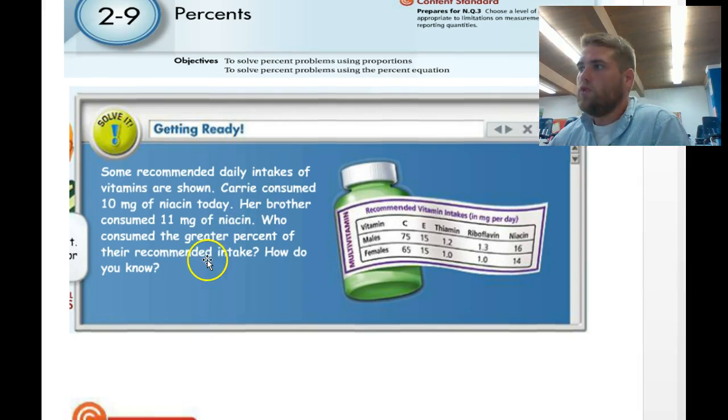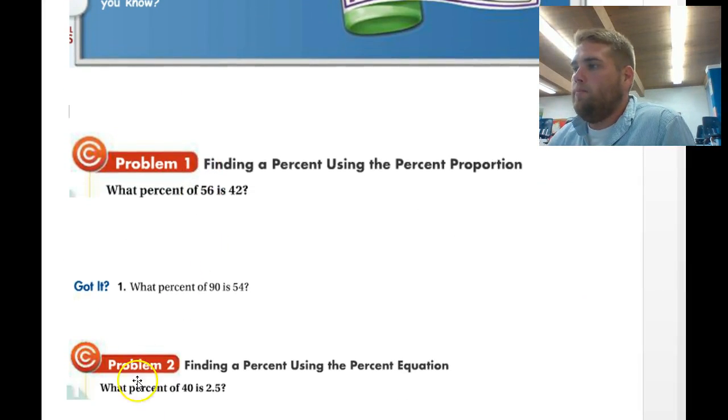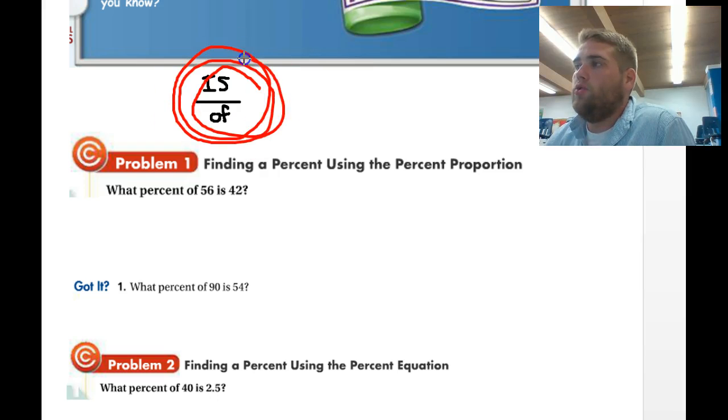So let's get down here to problem 1. When we're dealing with percentages, the most important formula is is over of. This is the formula that we're going to use constantly.